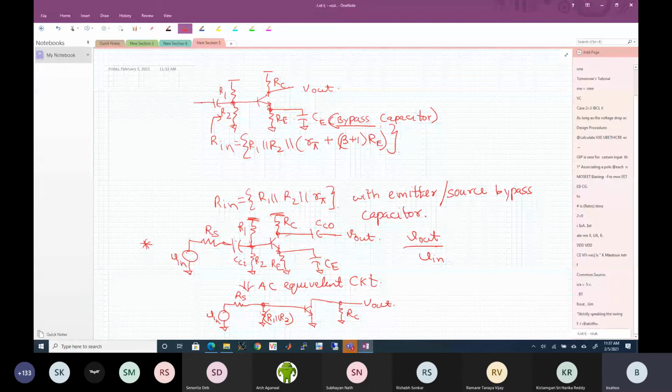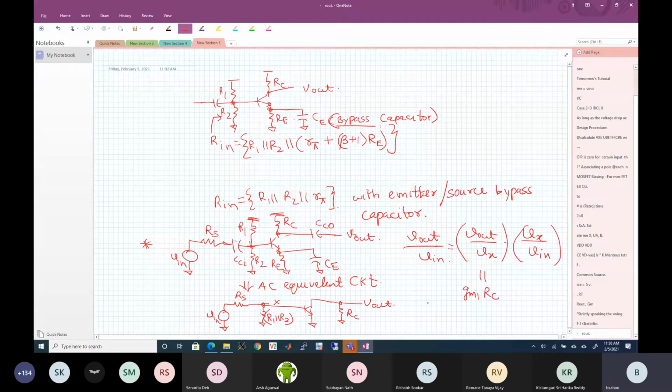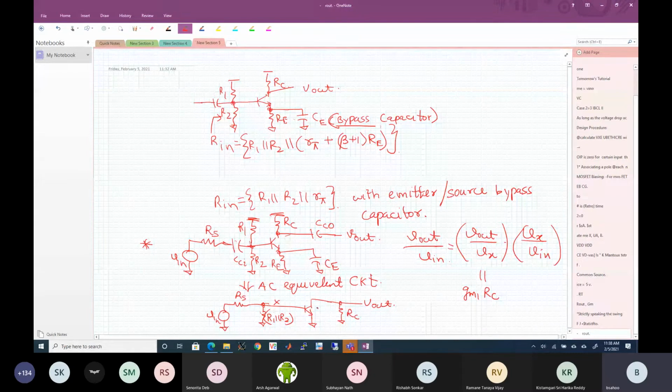Now, if I define this as node X, then my V out over V in is nothing but V out over Vx times Vx over V in. Straightforward. We already know this. V out over Vx is Gm1 Rc. So this is Q1. Now we have to find Vx over Vin.